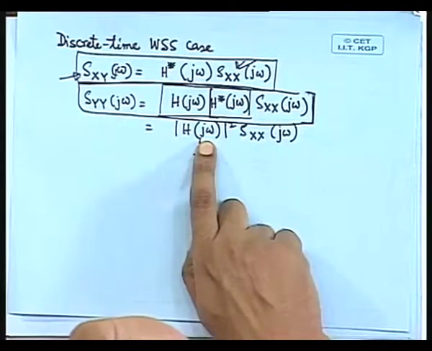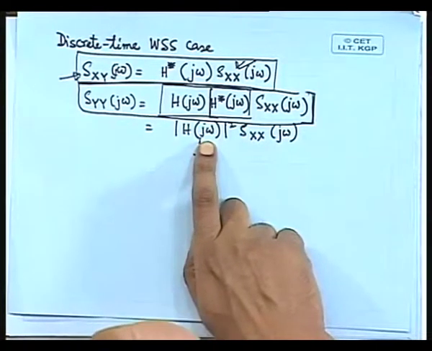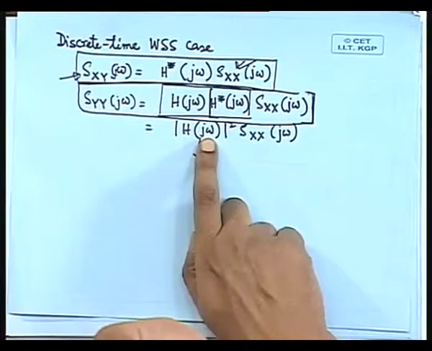Why does it make sense? Because the h(jω) function, let us say for a low pass filter, at high frequencies its magnitude is going to be low. Remember Bode plots of low pass filters: if it's a first order filter, it will come down with 6 dB per octave. If it's a second order, 12 dB per octave. So it comes down as frequency increases.